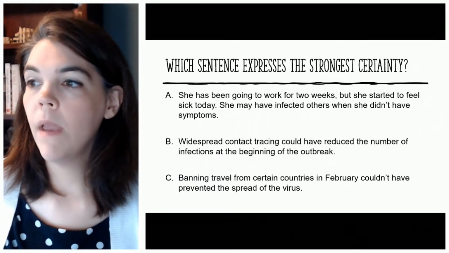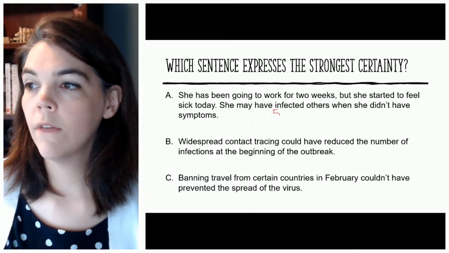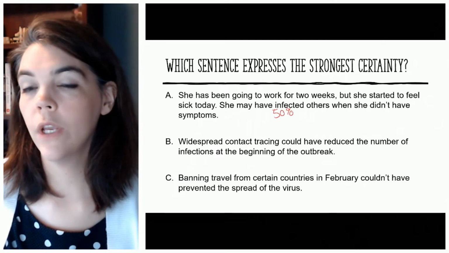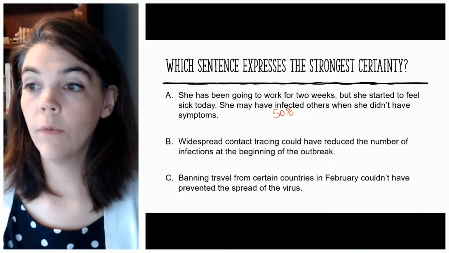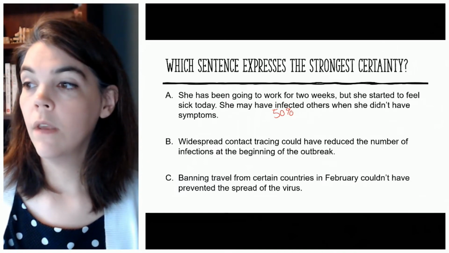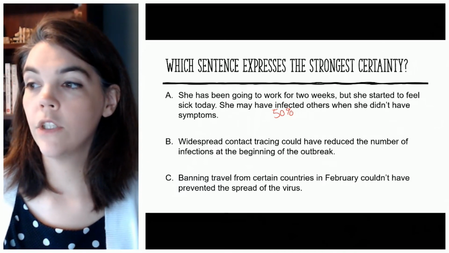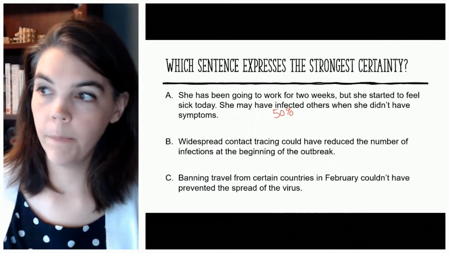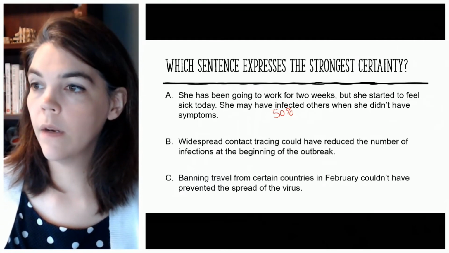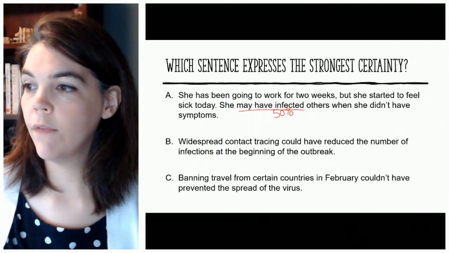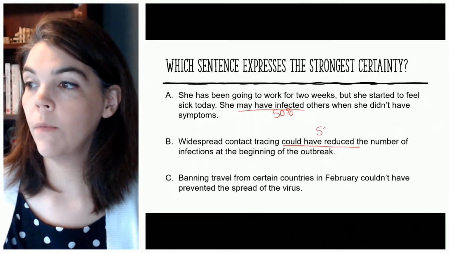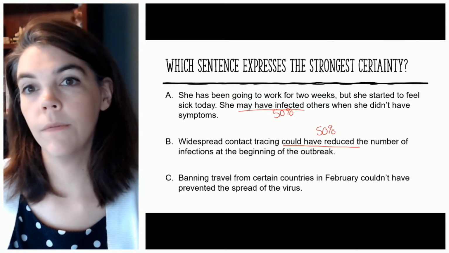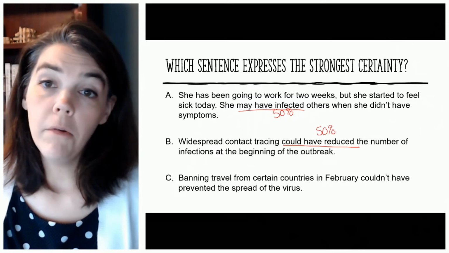So may have infected, that should make us think about like a 50% chance. Widespread, so B is widespread contact tracing could have reduced the number of infections at the beginning of the outbreak. So again, just like may have infected, could have reduced, I mean, we're looking at about a 50% chance. We don't know.